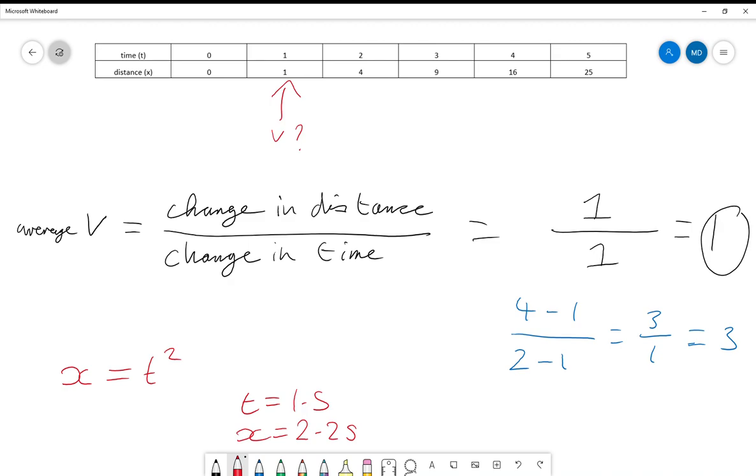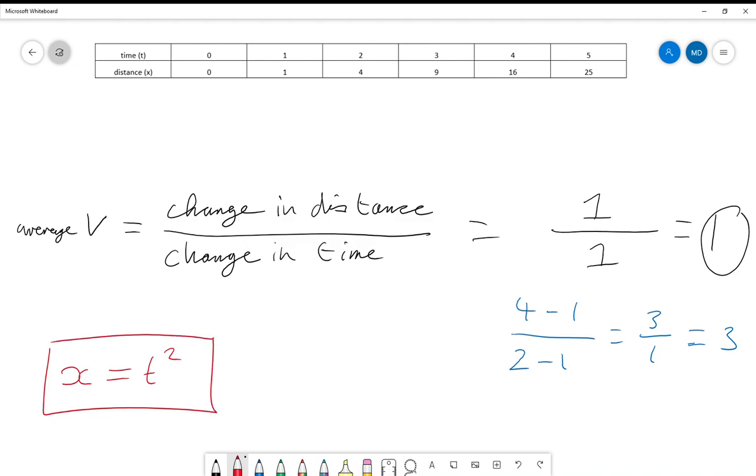And although we're not certain, we can basically go, well, it looks fairly certain like this, and so we can make that judgment. And as things go by, we'll get more and more certain about things, potentially, but right now, that's what we're going on. I'm going, well, let's assume that our distance function is this, x is equal to time squared, and that will help us out, because now we can take closer points.